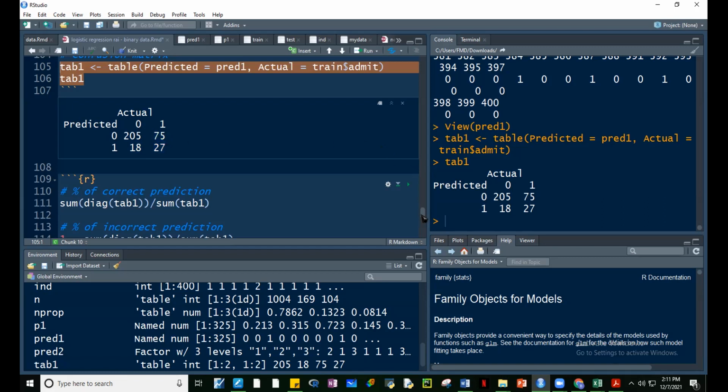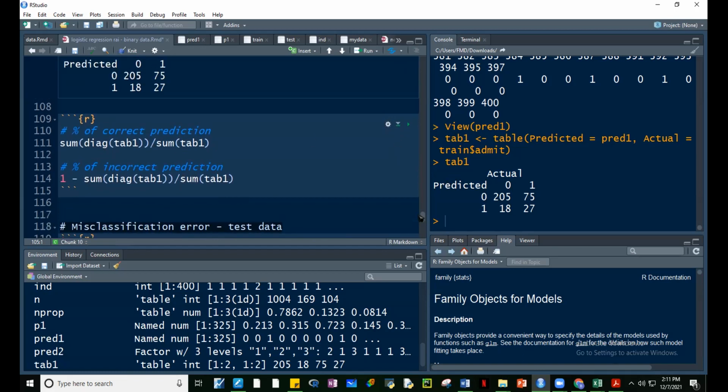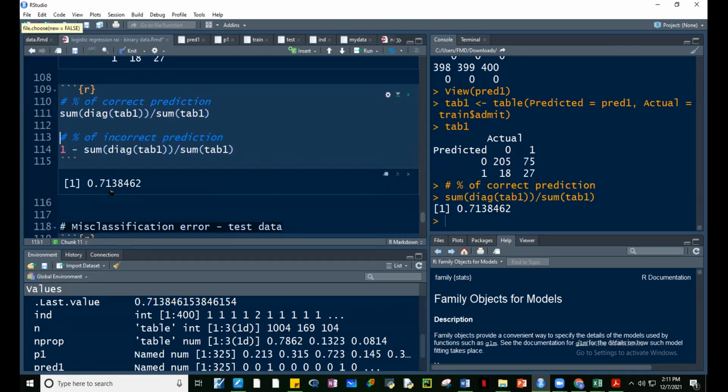Okay? So let's look at the percentage ng correct predictions. So yung percentage ng correct predictions will be simply the sum of the diagonal of tab 1. This is tab 1, guys, yung table natin. So kunin natin diagonal, i-add yan, divided by sum up lahat ng tab 1 natin. So that will give us the proportion or the percentage of the correct prediction. Control Enter. Okay, so 71.4% correct.